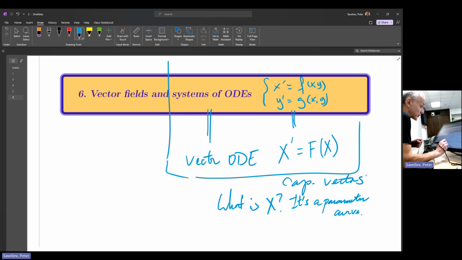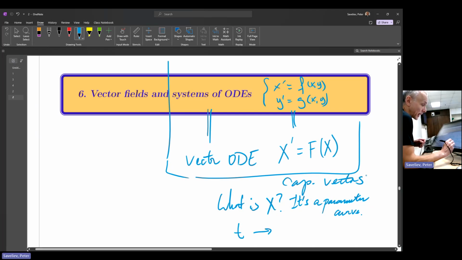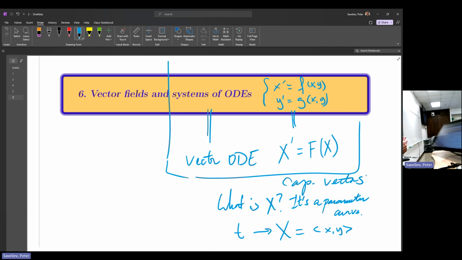It's a function, say, from t to x, which is nothing but x, y. So it's a vector, a time-dependent vector, where you are, which could be a location, so in that case could be a point, but definitely when you do differentiation, that is definitely a vector, because the derivative will be the velocity, which is a vector.